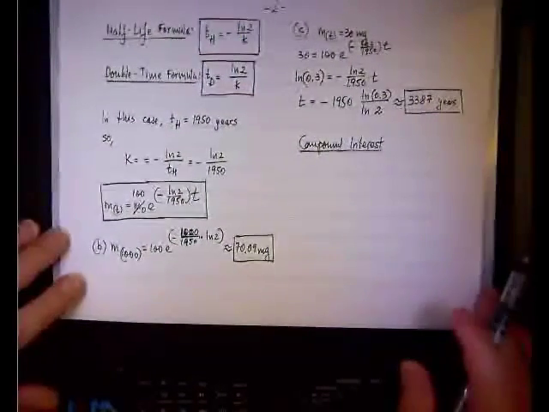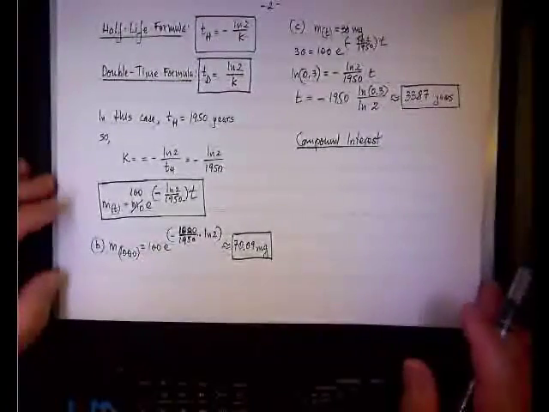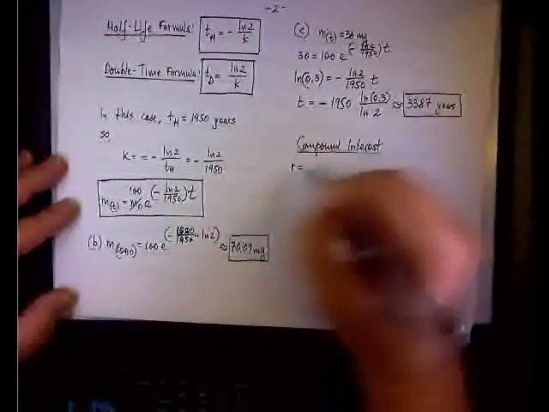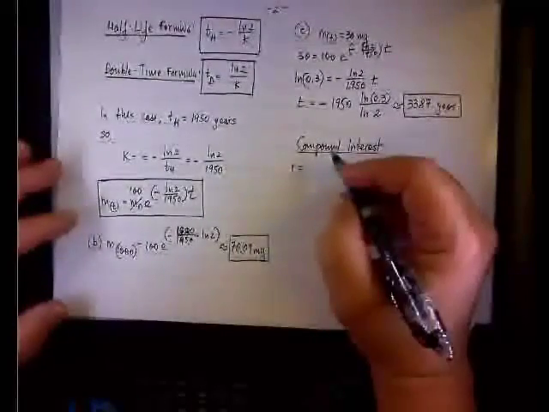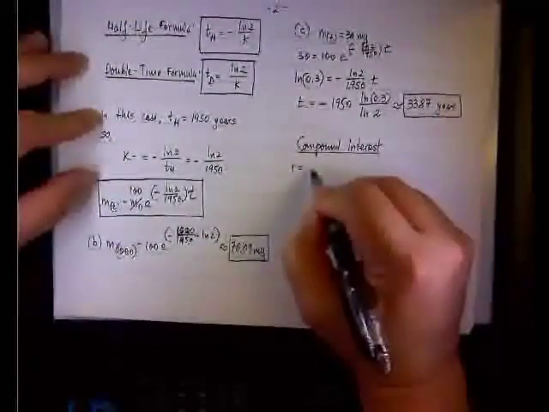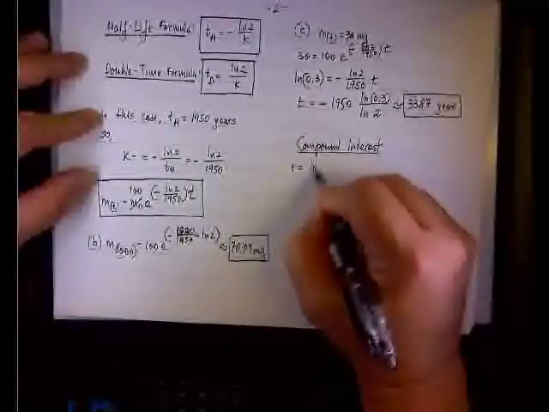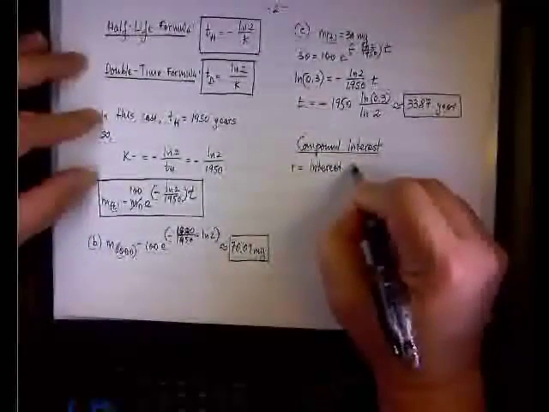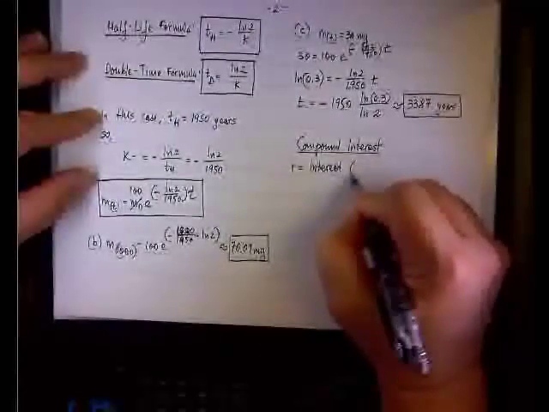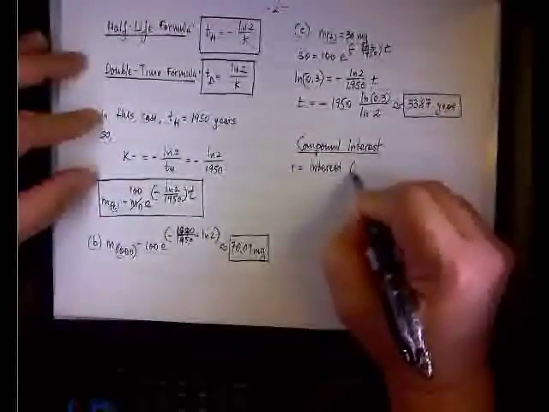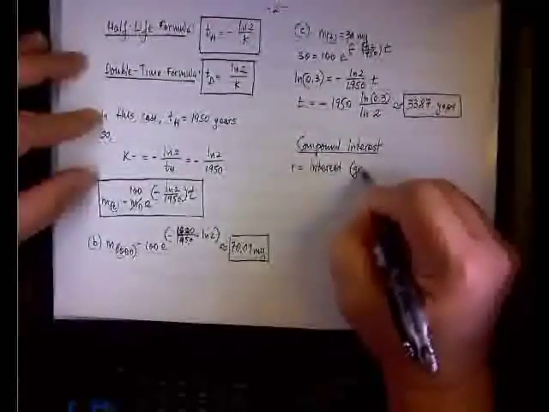I mentioned on Monday the PAT and the PERT model. Let's say that R is the interest rate or growth rate. Because it's an interest rate, well, in this case it would be growth.